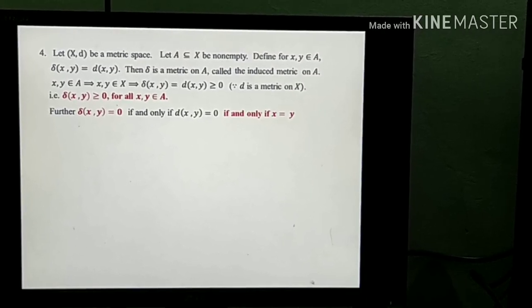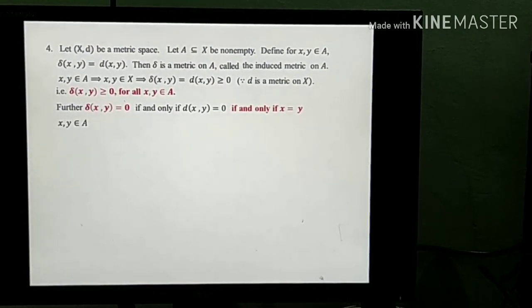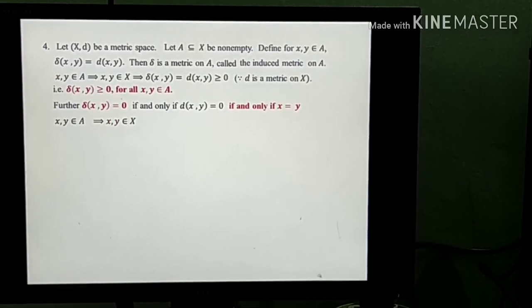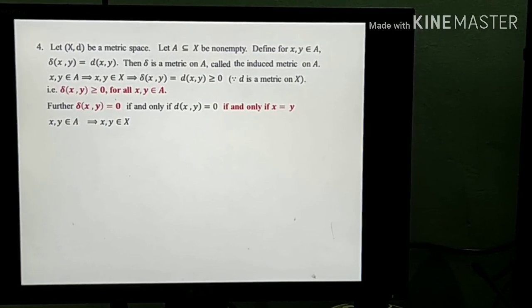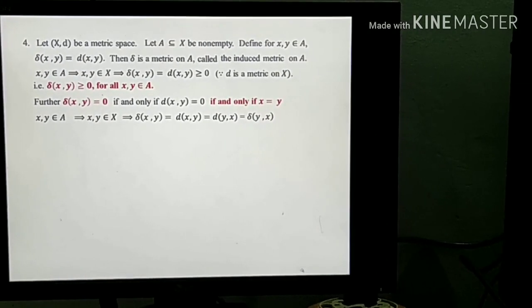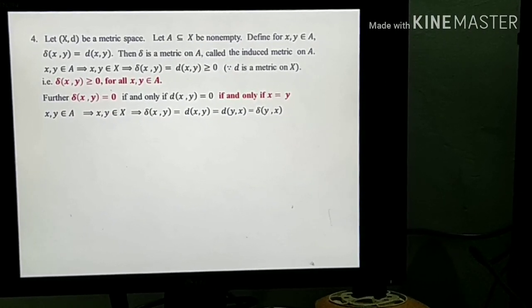For the third property, we have to consider two elements x and y of A. By definition, this delta xy is equal to dxy, and as d is a metric on X, this dxy is equal to dyx.